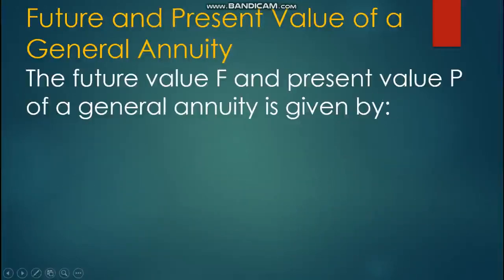So how to calculate the future and present value of a general annuity? Okay? So we're going to use the formula F equals R, quantity 1 plus j to the n minus 1 all over j, and for the present value we have P equals R, 1 minus quantity 1 plus j to the negative n over j. This is the same as the formula for the present and future value of a simple annuity.